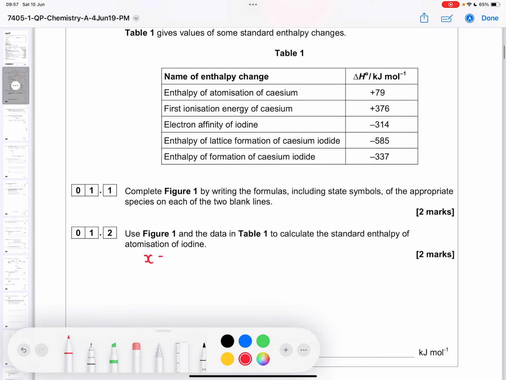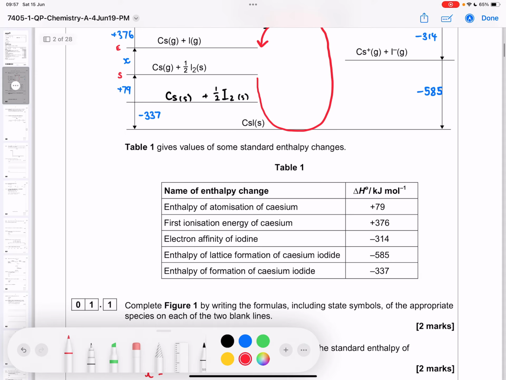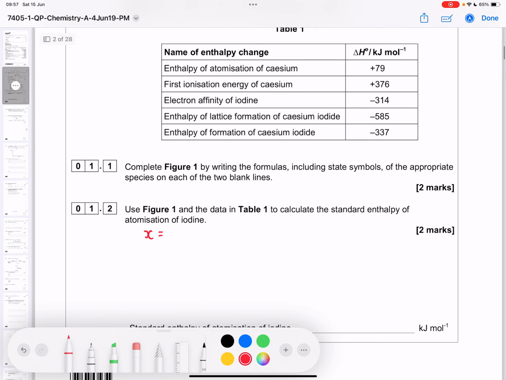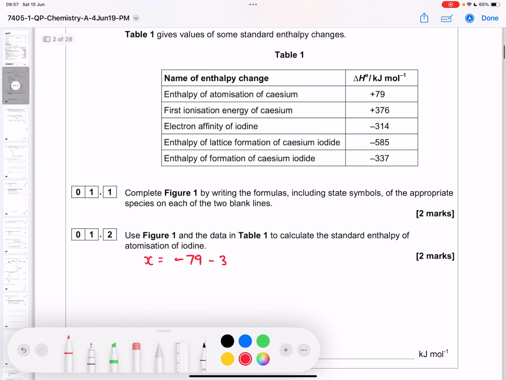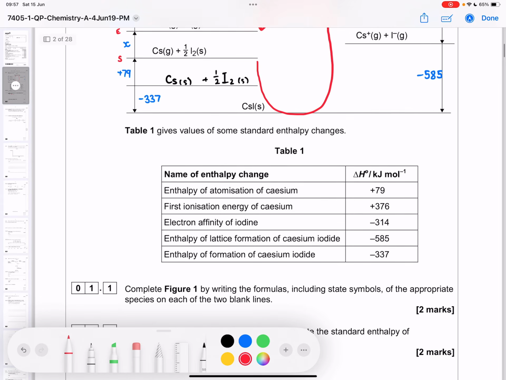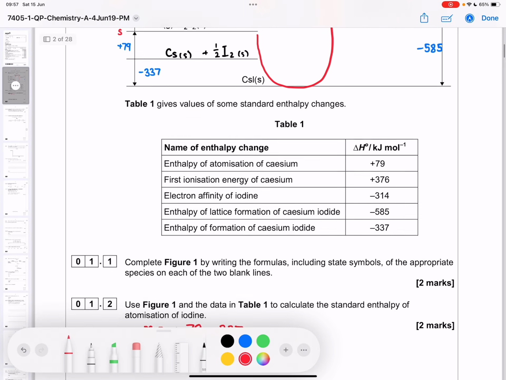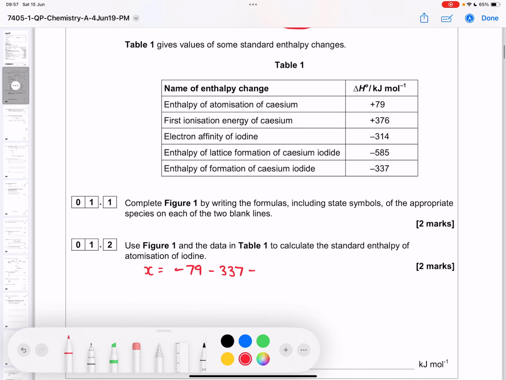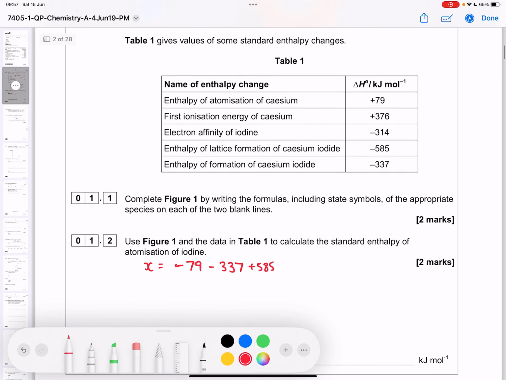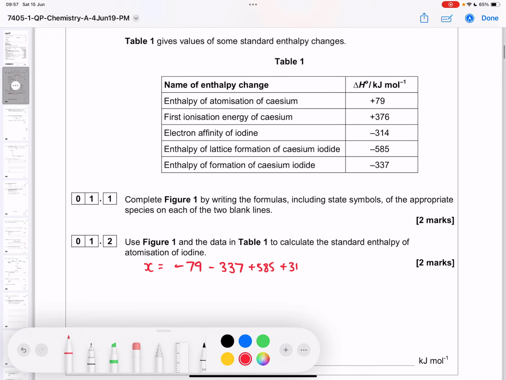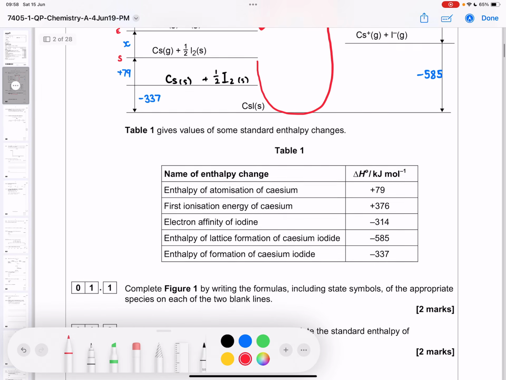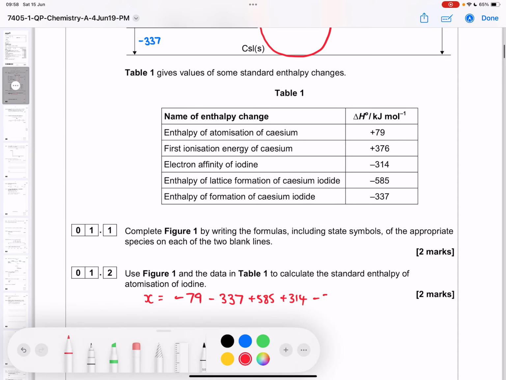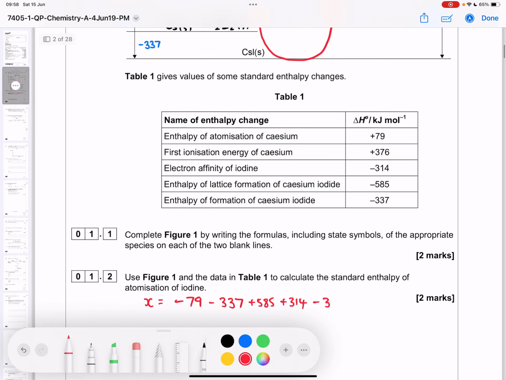By this method, X equals, I'm going to come down this first arrow, so it's going to become minus 79. I'm going down the second arrow, it is already pointing down, so I'm going to keep the number as minus 337. And then I'm going to go up the next arrow, and then up the next arrow. They'll become positive because I'm travelling up, and then I'm coming down that last arrow, and it's 376.